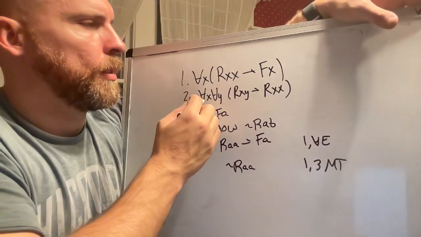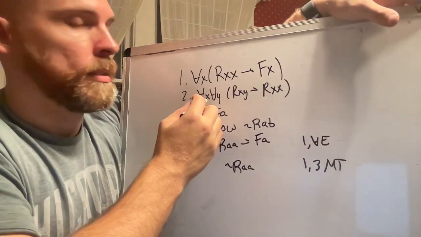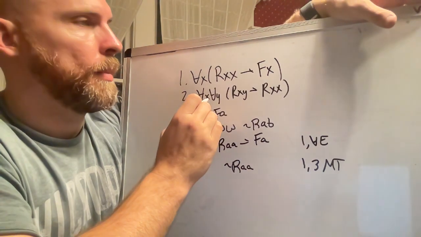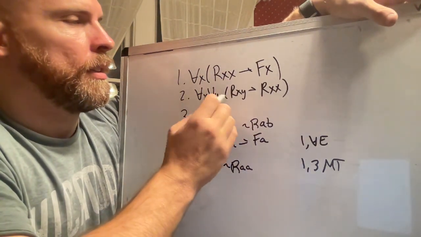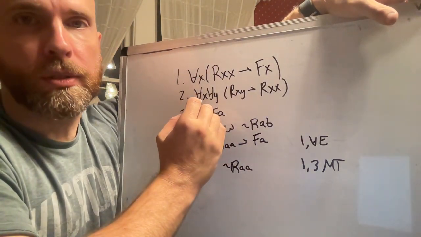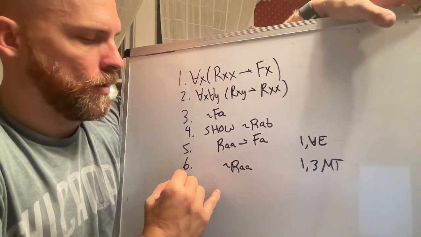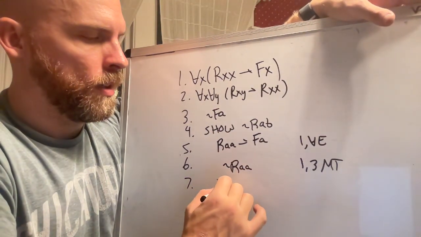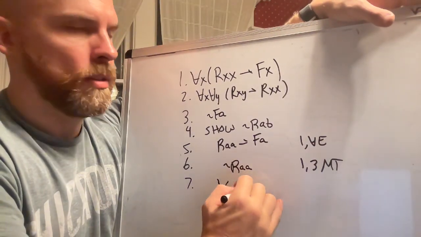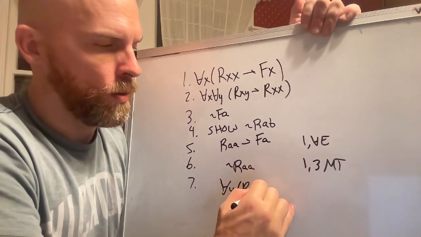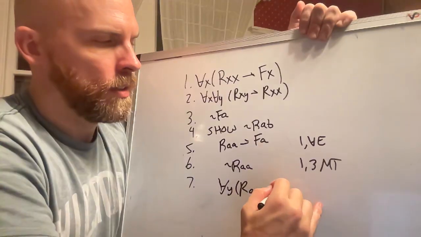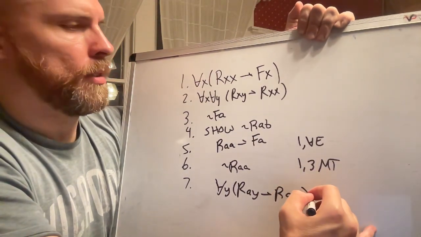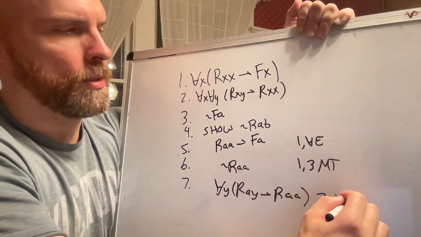Well, I'm going to drop off this. I'm going to do some careful instantiation here. I'm going to drop off the x's first. Instantiate on line 7, for all y, get Ray, if that, then Raa, and that'll just be from line 2, universal elimination.